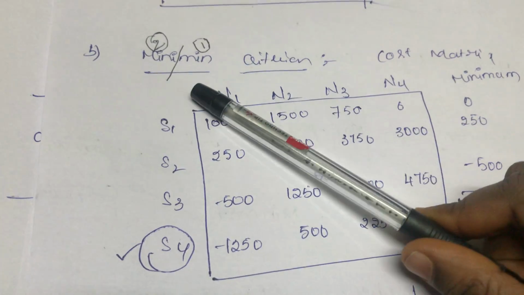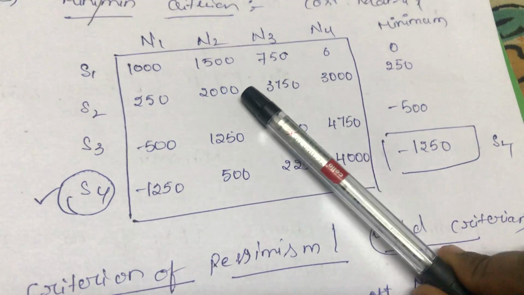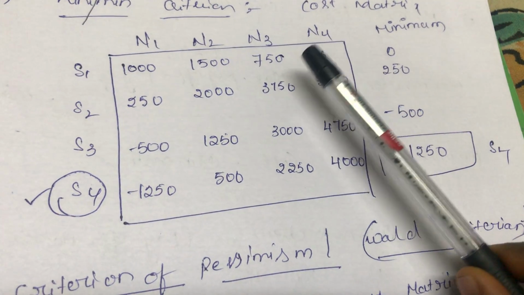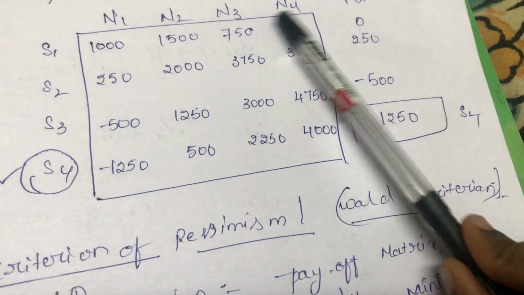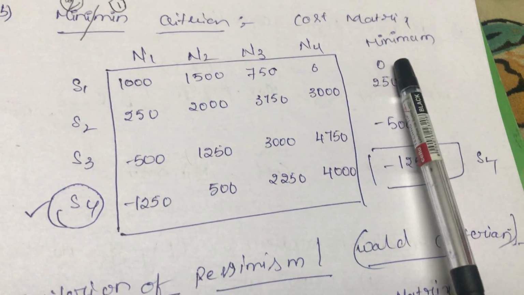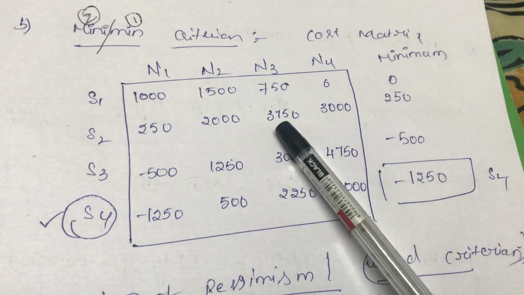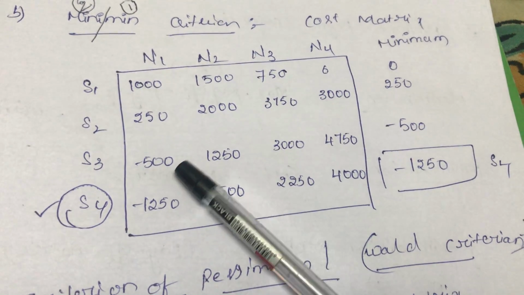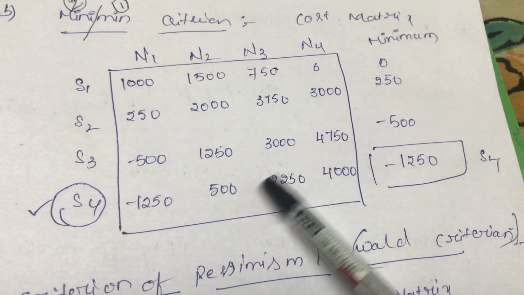According to the minimin criterion, we have to come from the backward side. So we have to select the minimum value from each and every row of the payoff matrix. From the first row the minimum value is 0, second row minimum value is 250, third row minimum value is minus 500, and fourth row minimum value is minus 1250.